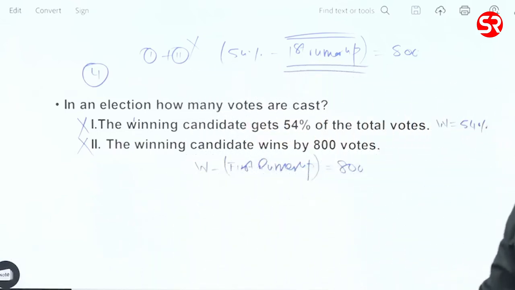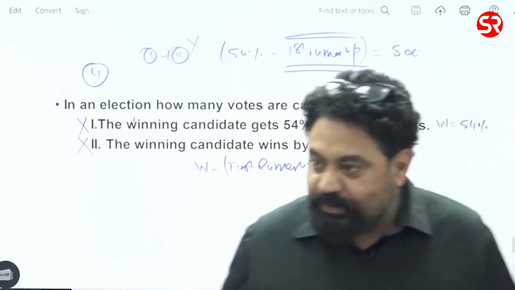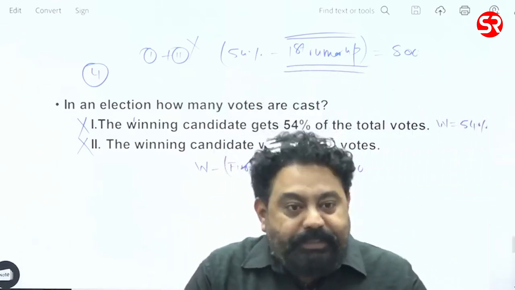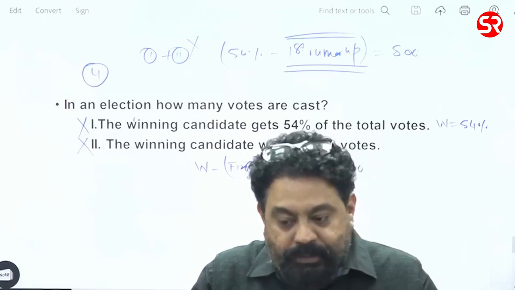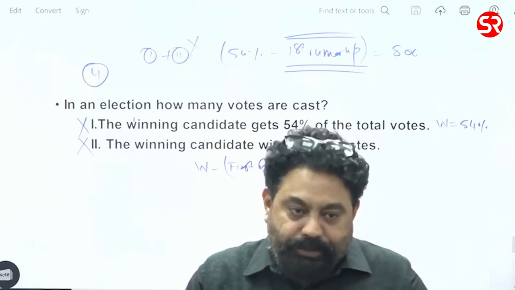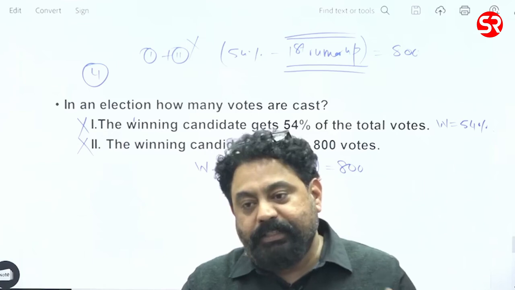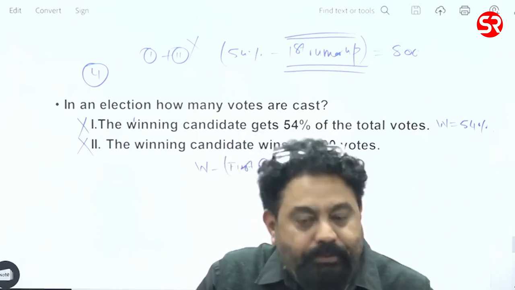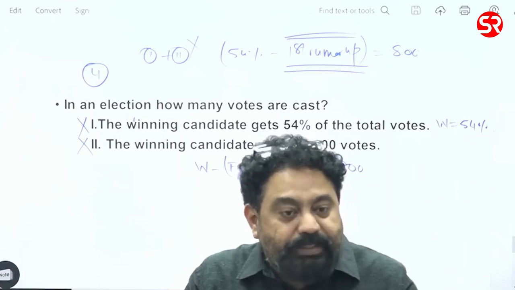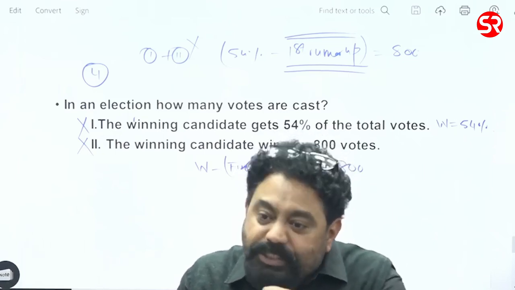Because whenever we are talking about voting in elections, we say candidate A won by these many votes. So what we want to say is that candidate A minus the first runner-up is these many votes. Now how many candidates were there in that election is not mentioned.